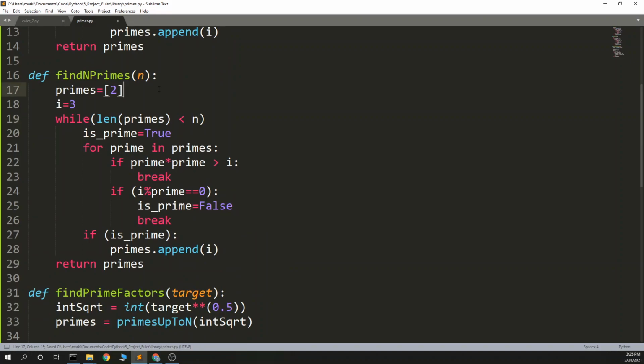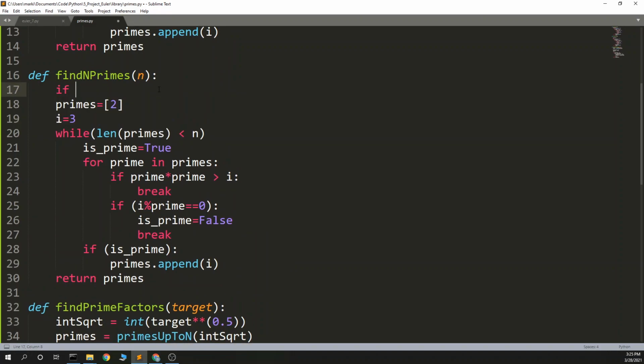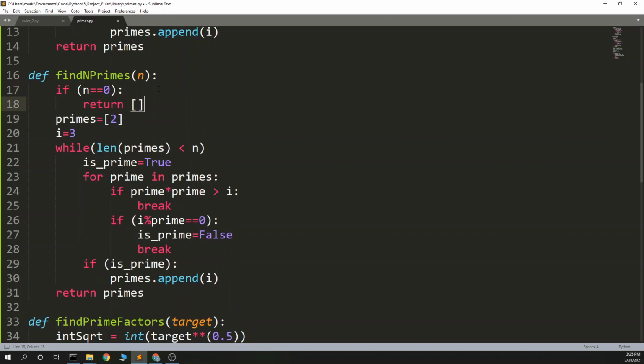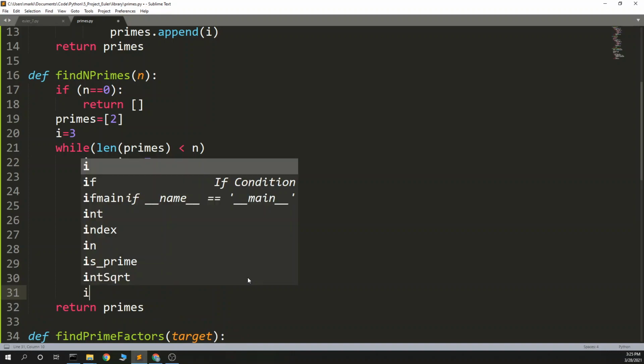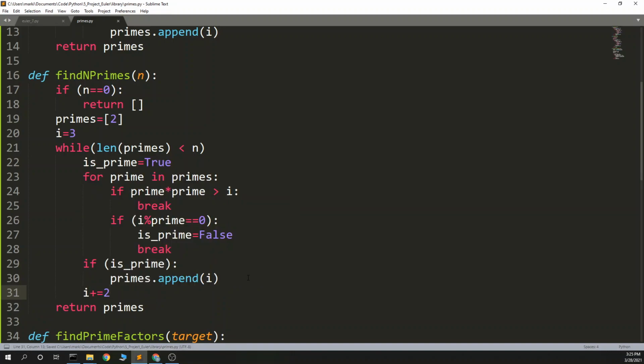If n equals 0, return an empty list. Otherwise, while the length of primes is less than n, i equals i plus 2. So this is the prime sieve we did for Project 3.